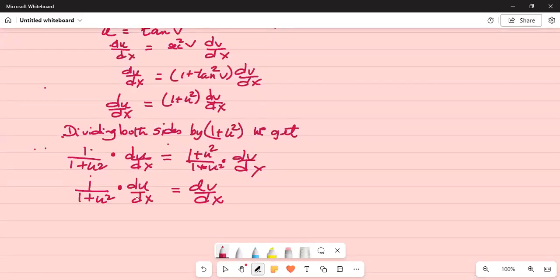Now our goal is to find out dv by dx because we called tangent inverse of u as v. So hence we have found our answer.